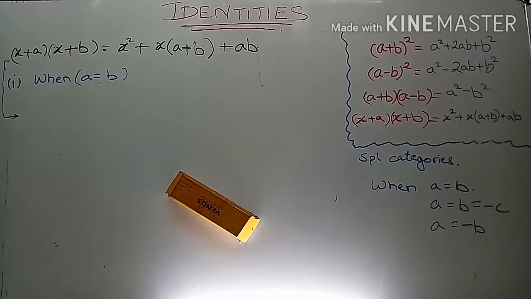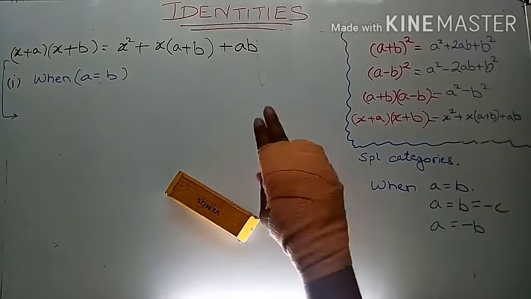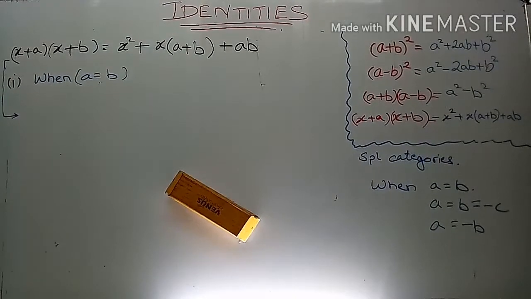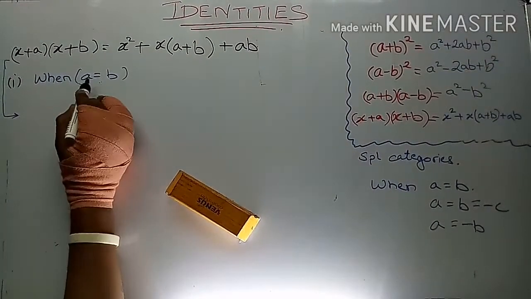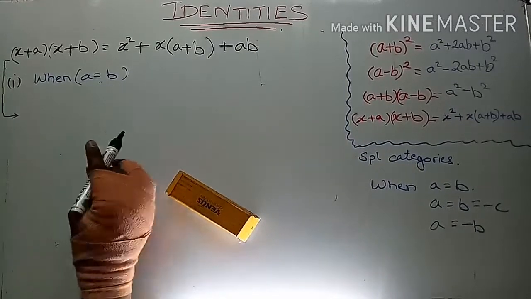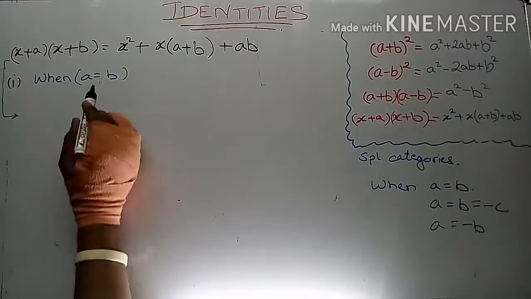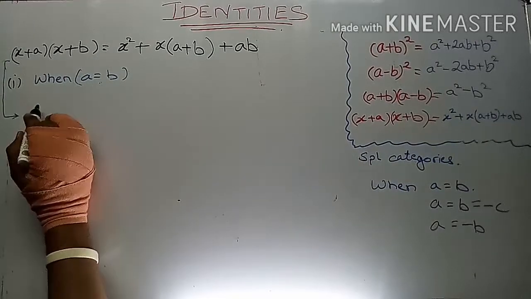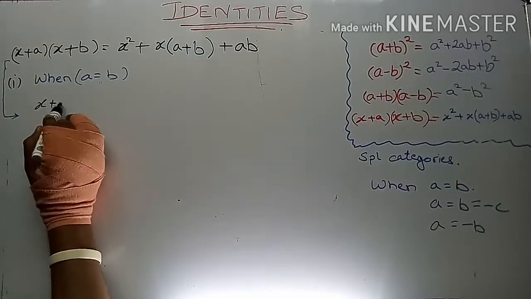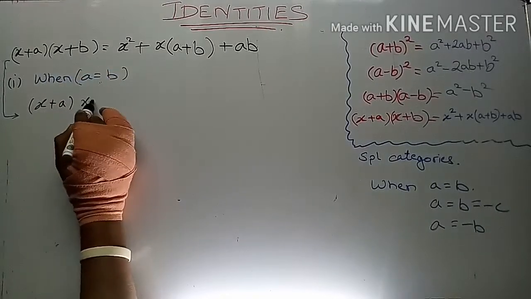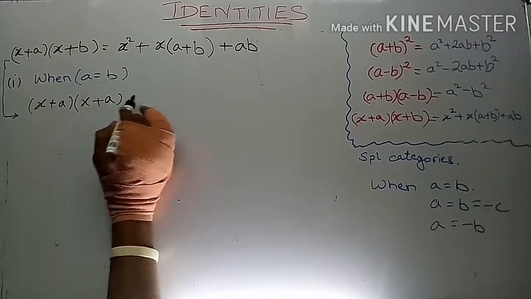So let's see what happens when we substitute a is equal to b in this equation. So wherever my b is I can write it as a, or wherever my a is I can write it as b. So I'll choose the former method. So x plus a will be, wherever b is there I'll write a, because a is equal to b.